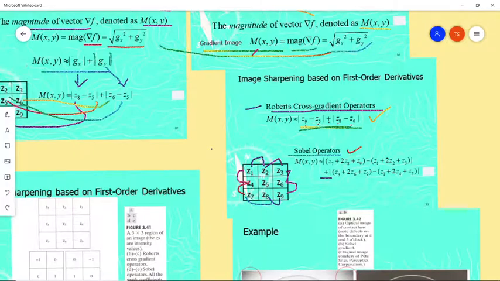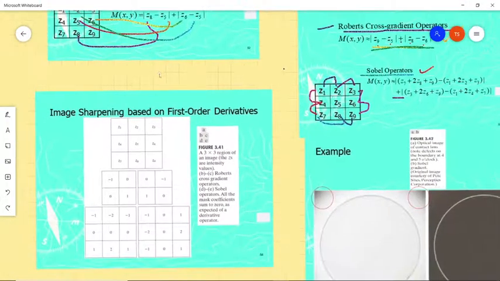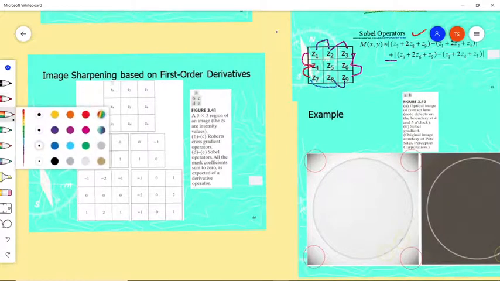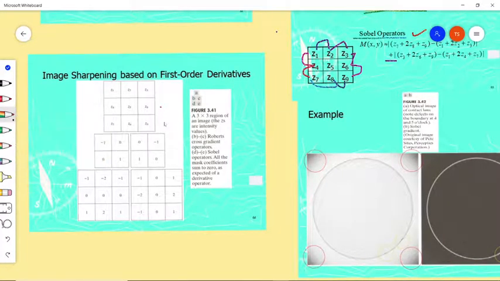I'll show examples for the Roberts cross gradient operator and the Sobel operator. This is an example. These are the Z values, and the Roberts cross gradient operator is this one and this one. This is x and this is y.